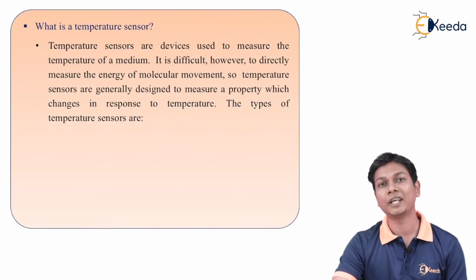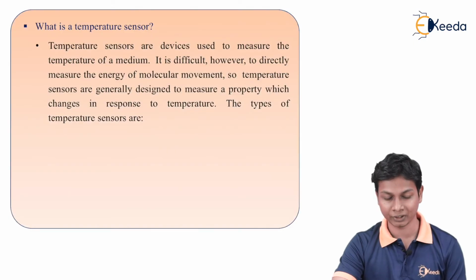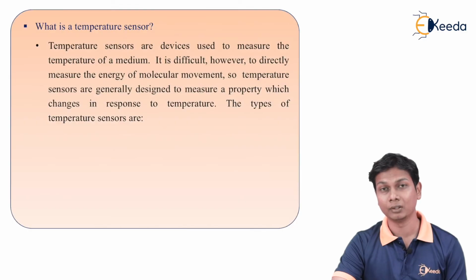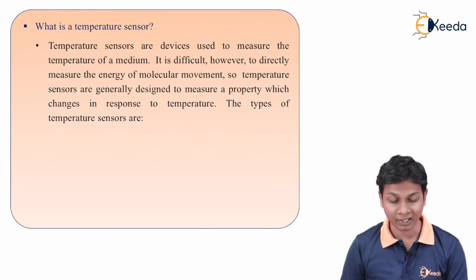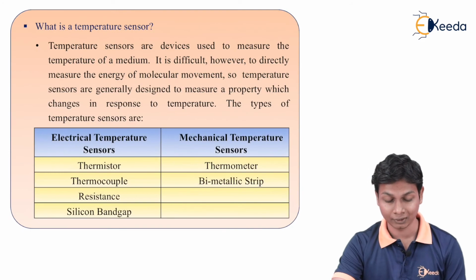The rate of change of temperature from the earlier value to the set value is sensed by the temperature sensor. Depending upon the application, these are the types: electrical temperature sensors and mechanical temperature sensors.